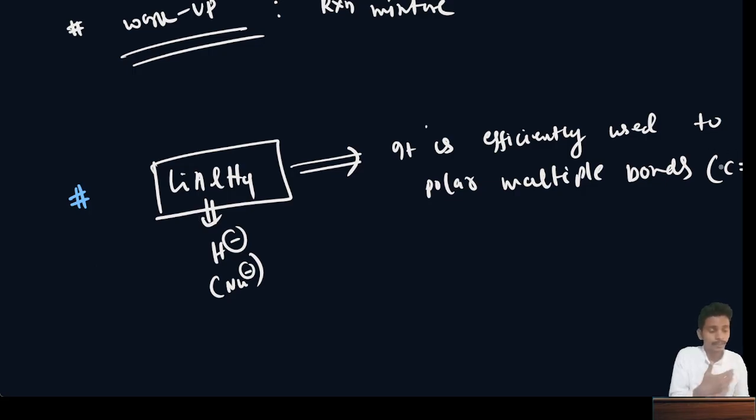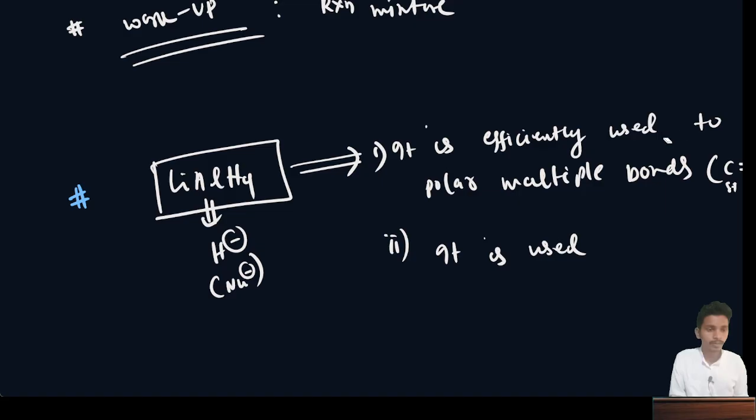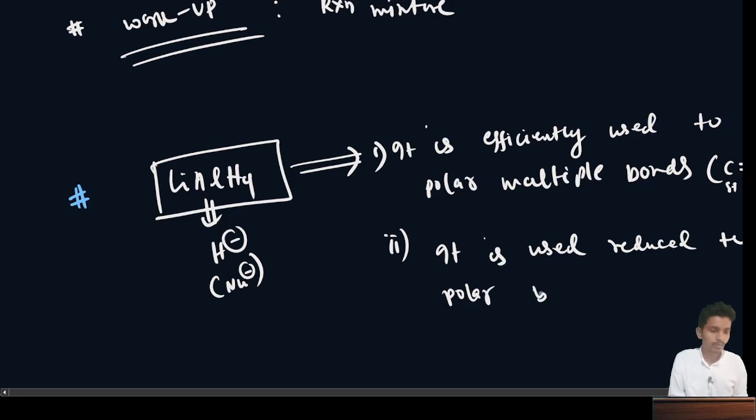Because here there is an electronegativity difference, delta plus here and delta minus there, so the nucleophile will attack the electron deficient carbon center.